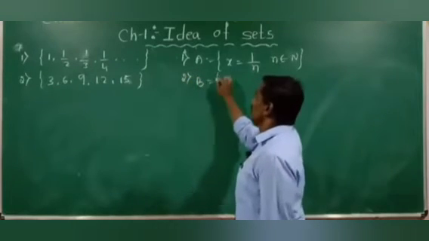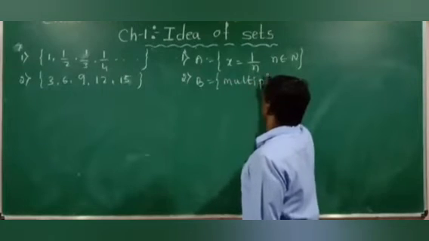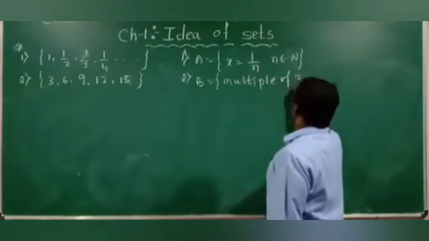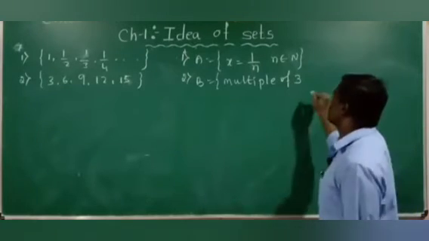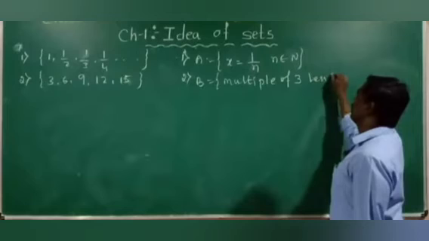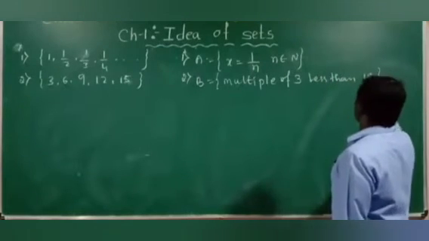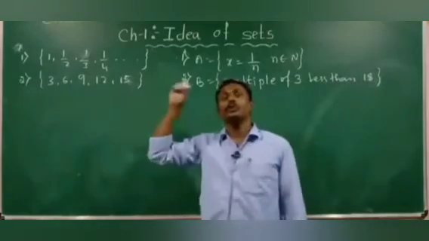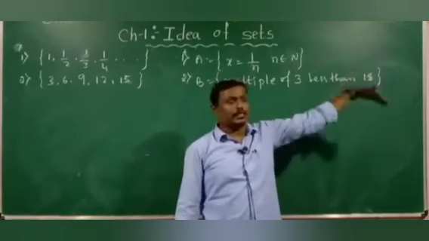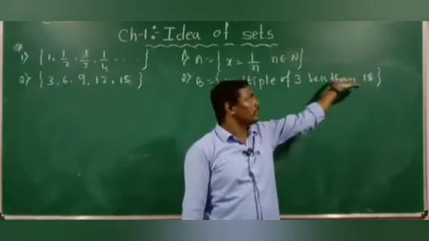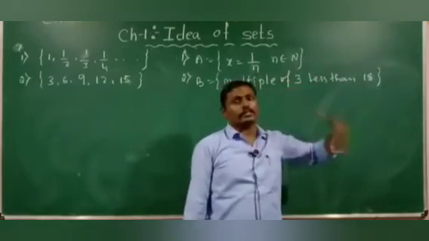Set B, that means the second question, is the multiples of 3: 3, 6, 9, 12, 15 are the multiples of 3, less than 16 or less than 18, because we are considering up to 15. The next multiple is 18. That's why I'm taking it as less than 18. You can also write less than 16 or less than 17.